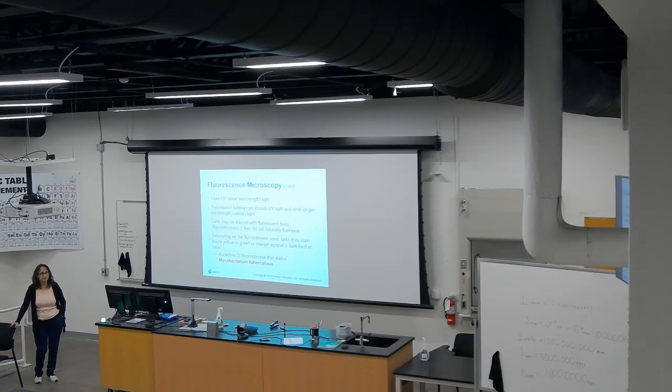So it emits energy, and that can be seen as fluorescence. Depending on the fluorochrome that you use, it will determine what color you will see. And you can use multiple fluorochromes, up to 3, I guess, to see different internal structures, including the nucleus, cytoskeleton, external structures like flagella, perhaps pili.